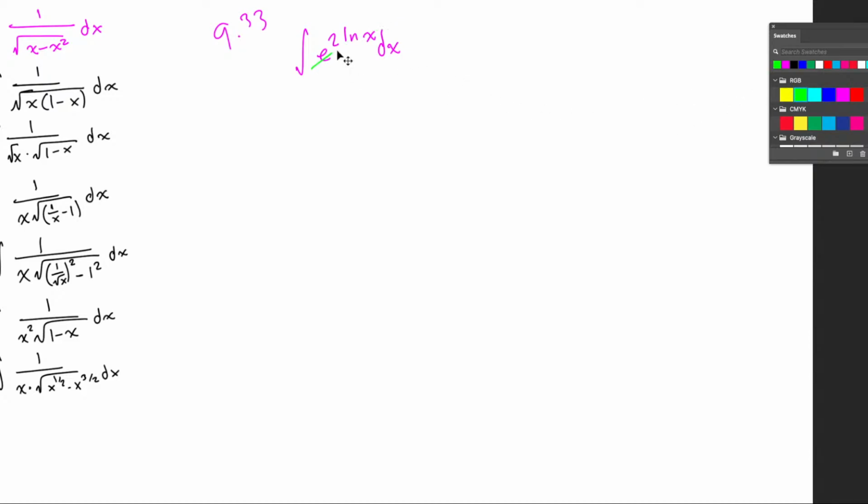I don't know. I won't be able to solve this unless I know that. Do those cancel out to just become x squared? Does this equal x squared?